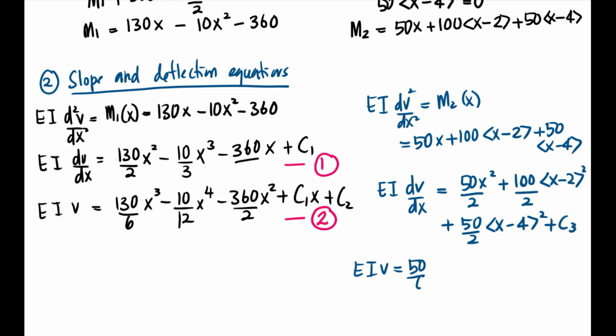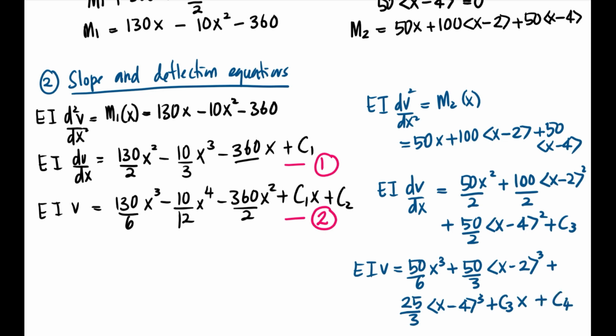50 divided by 6 x³ plus 50 divided by 3 (x minus 2)³ plus 25 divided by 3 (x minus 4)⁴ plus C3x plus C4.